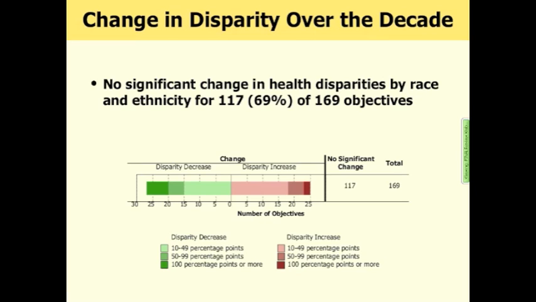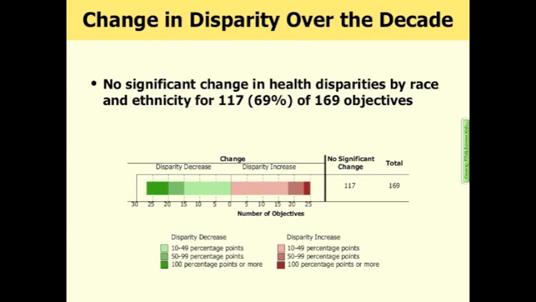Well, here is the case for race, in which we could look at the different races, and summing this up, we see that there was no significant change in disparity for 117 of the 169 objectives in which we could calculate this. So for that 169, essentially 70%, showed no change.